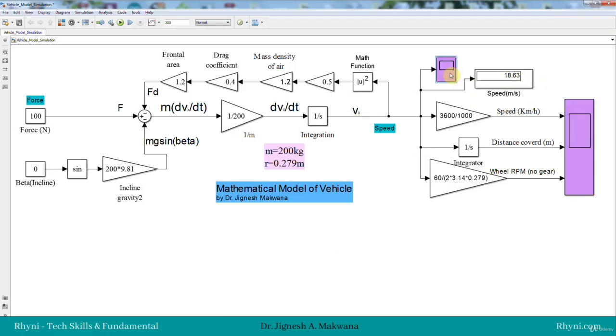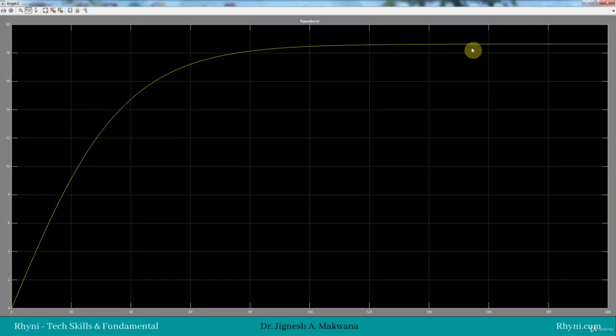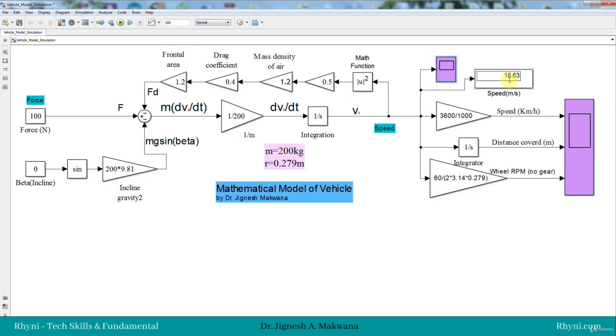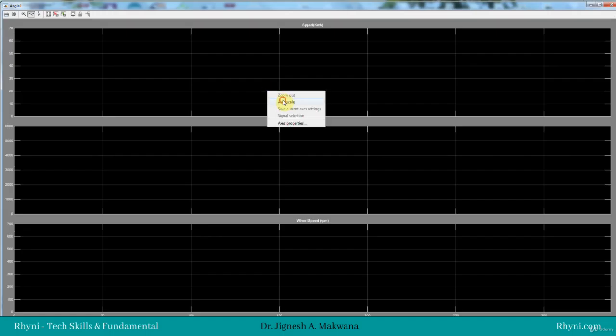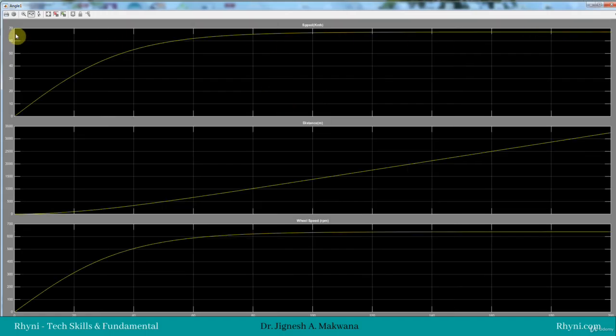So this is what our vehicle model will give us: the exact idea that if we apply the constant force, at this rate speed will increase, what will be the final steady state speed of the vehicle for the particular amount of force, and at how much time what speed will be attained by the vehicle. We can convert it to the desired form from meter per second to kilometer per hour with this gain block.